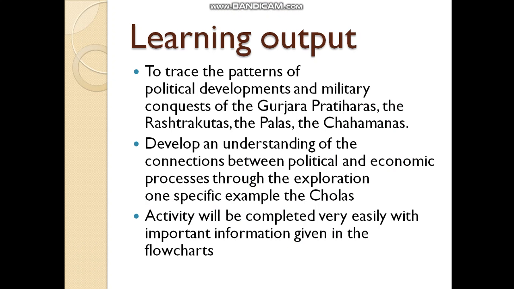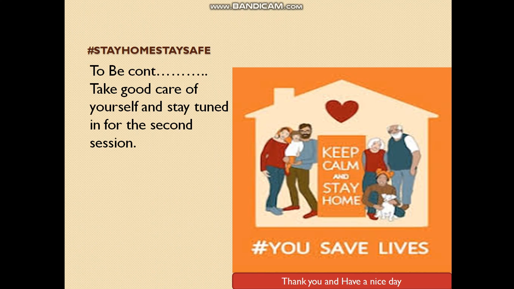One specific example is the Cholas. Then, the activity which I'm going to give you in the worksheet will be completed very easily once you go through the whole slides of the flowcharts and with the photographs. It will be very easy to do.